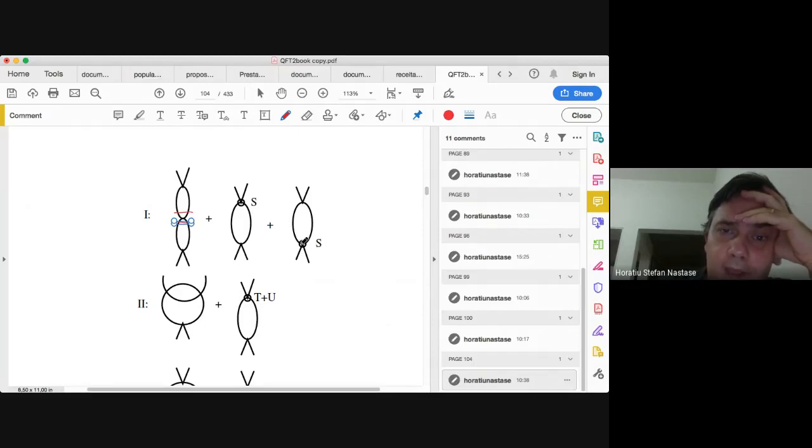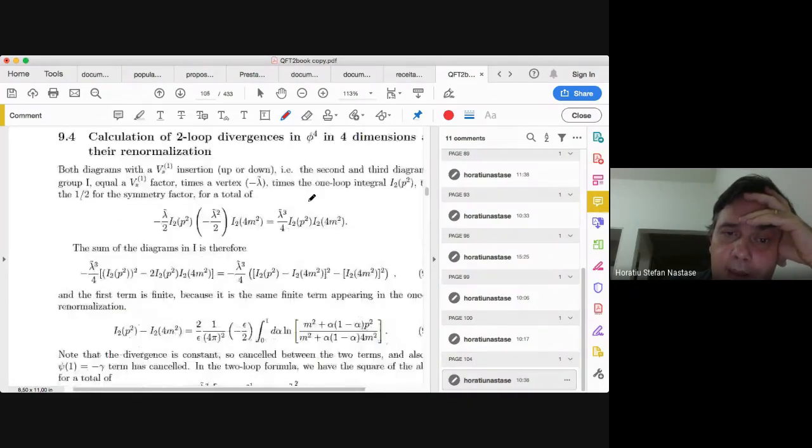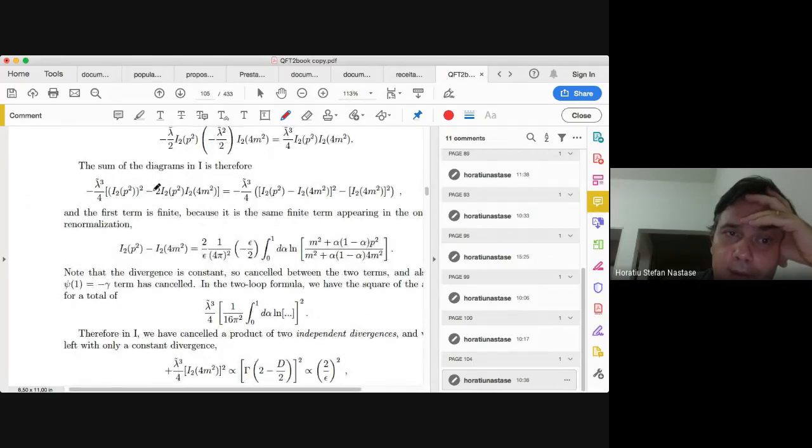It doesn't matter if I put the counter vertex here or here. It's the same result. So I have a -2 times this, and then I rewrite this as I2 of p squared minus I2 of 4m squared, everything squared, plus a constant, minus a constant, so this one.